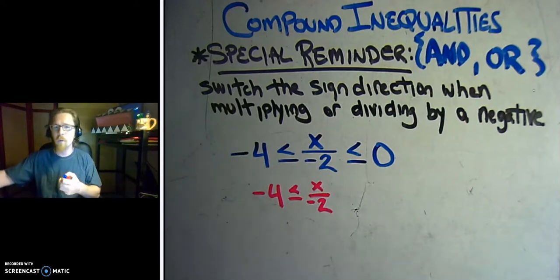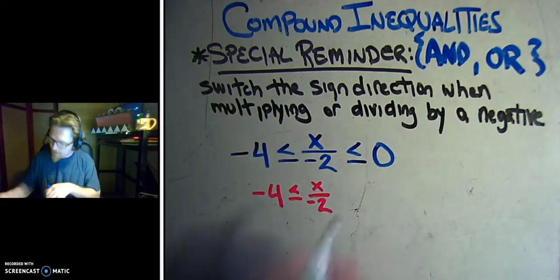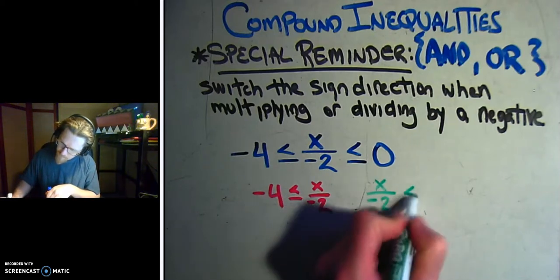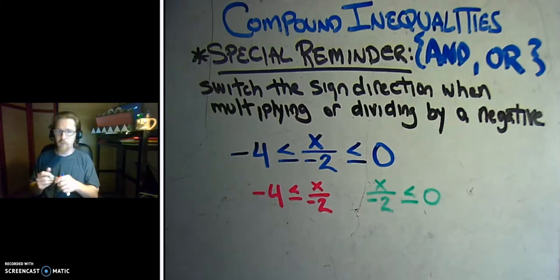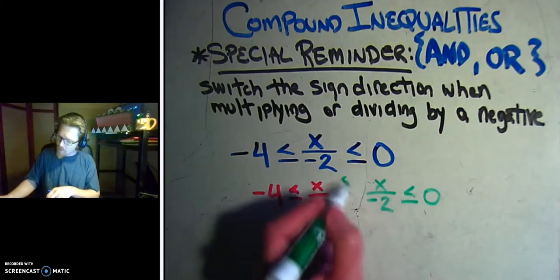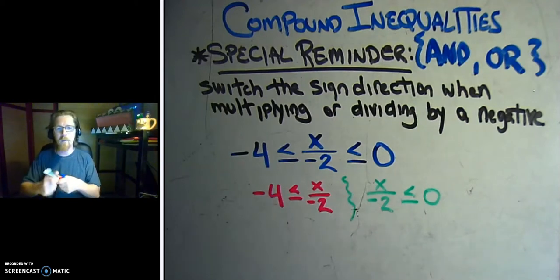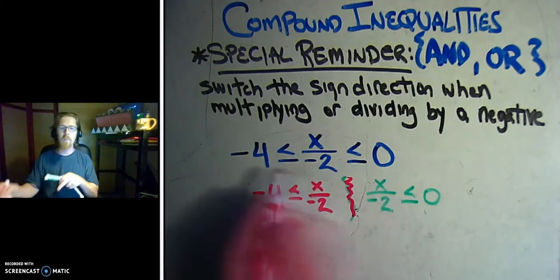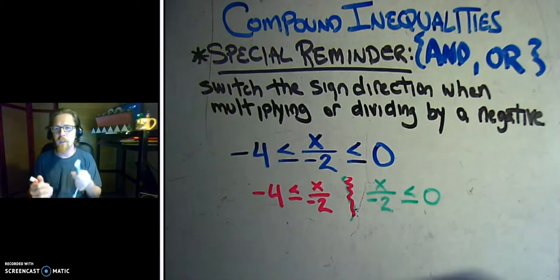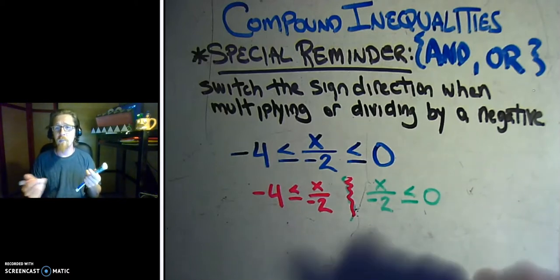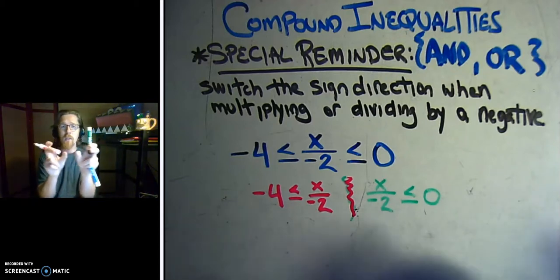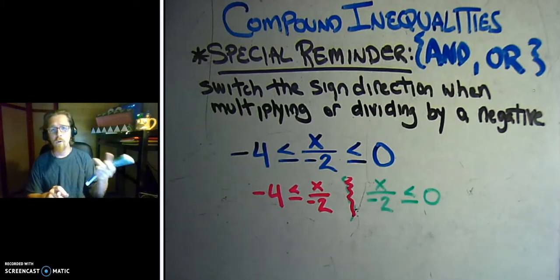The second problem is x divided by negative 2 is less than or equal to 0. So notice I split this up into the two problems we're actually witnessing here. We call this a compound because we were able to squish it together, like in English, a compound sentence has two sentences that you bridge with the word "and" or "but."